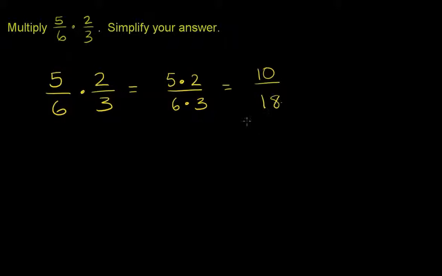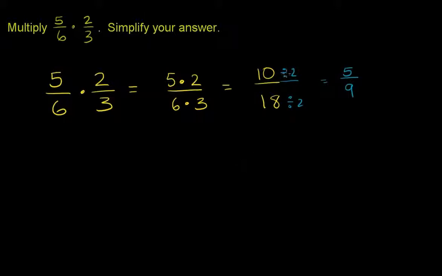And you could view this as either 2/3 of 5/6 or 5/6 of 2/3, depending on how you want to think about it. And this is a right answer. It is 10/18, but when you look at these two numbers, you might immediately see that they share some common factors. They're both divisible by 2. So if we wanted it in lowest terms, we want to divide them both by 2. So divide 10 by 2, divide 18 by 2, and you get 5 and 9.